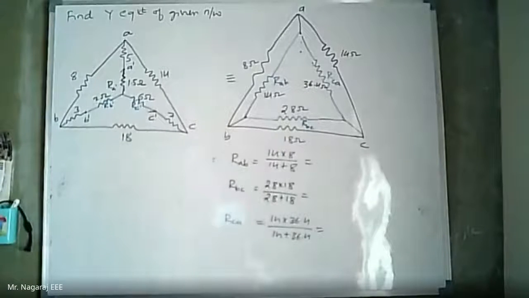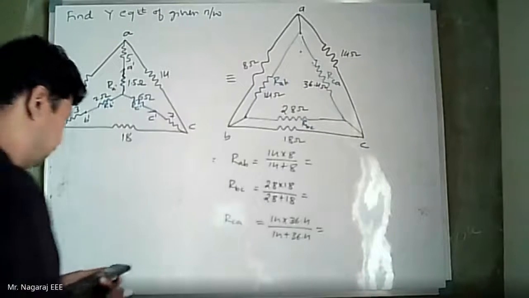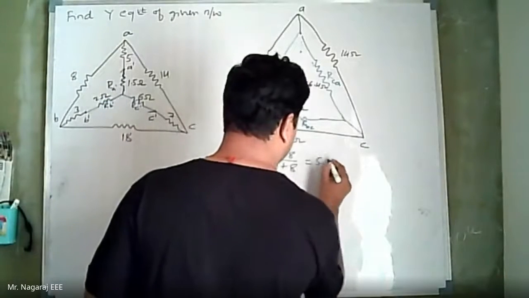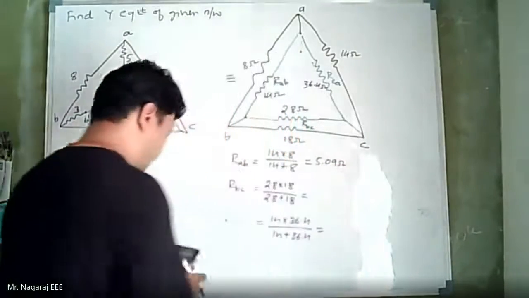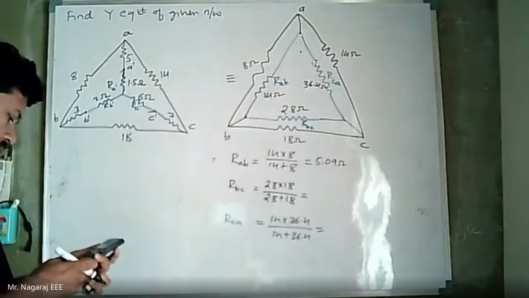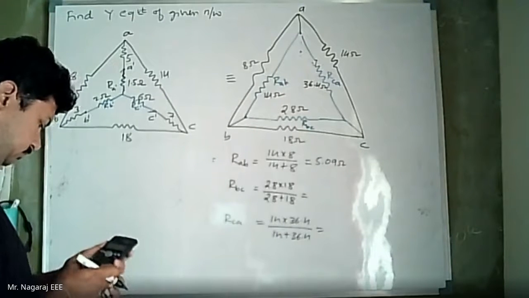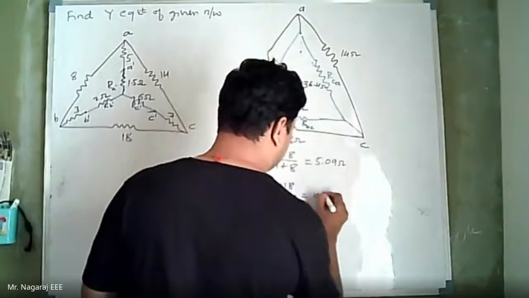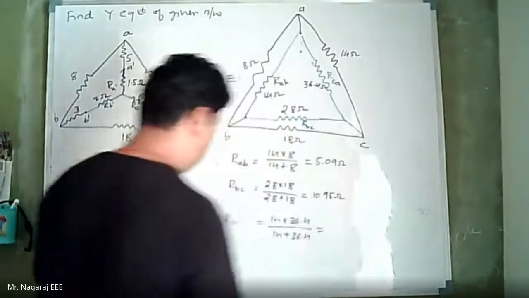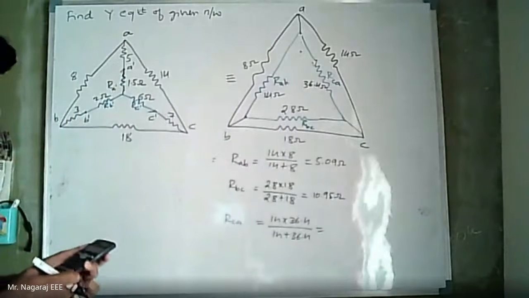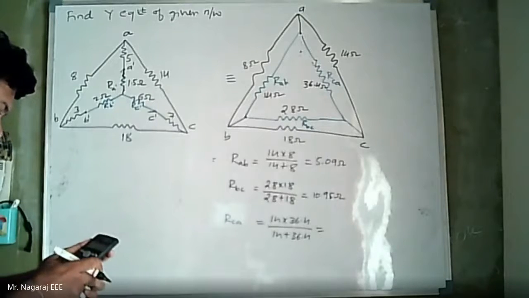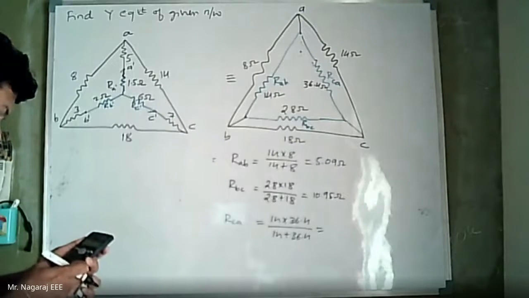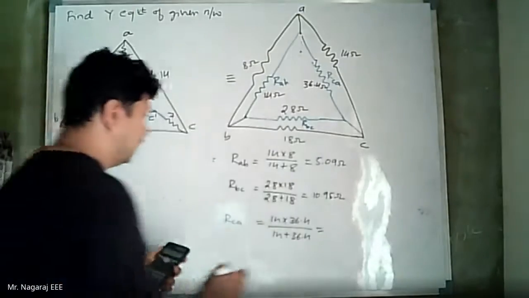So this comes out to be 5.09 for RAB, 10.95, and 10.11.